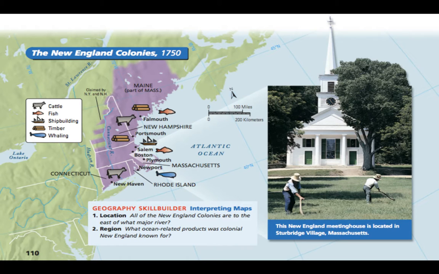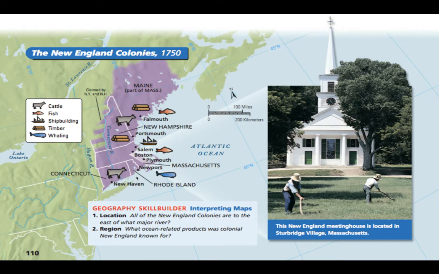And that would be because they can easily be shipped across the sea back to England, or shipbuilding and timber. Those are actual necessities for sea travel, obviously shipbuilding and then timber. So their economy was definitely heavily based on the idea that they were along the Atlantic Ocean.